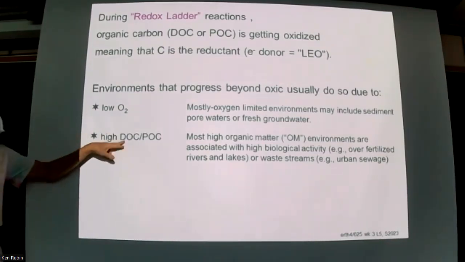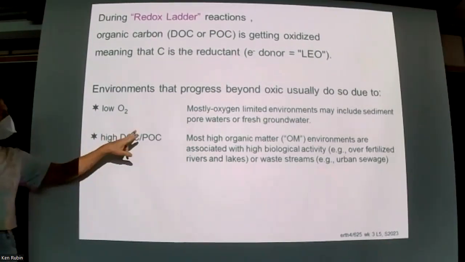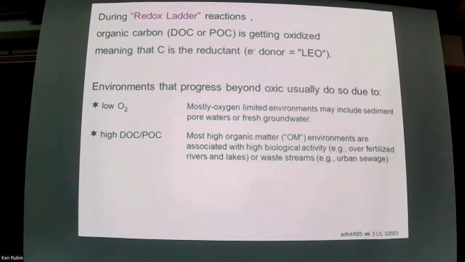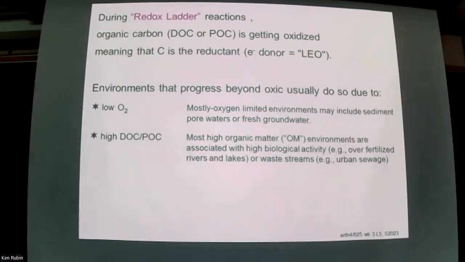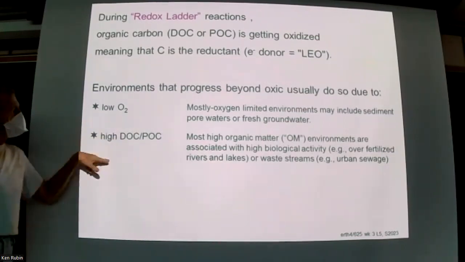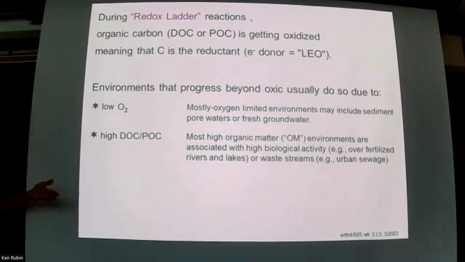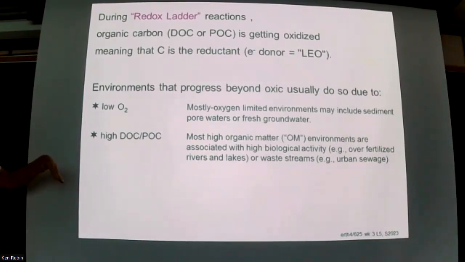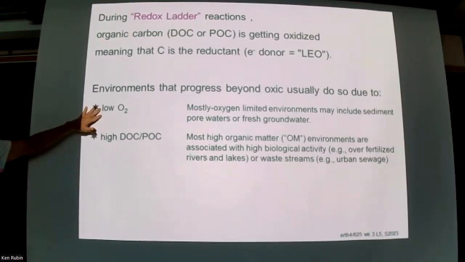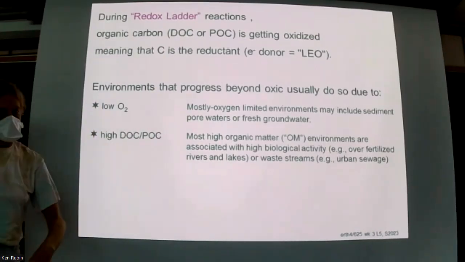Another is that you have a lot of organic matter, dissolved organic carbon, particulate organic carbon: sewage outfall, swamps, very organic-rich, eutrophic lakes. Both of them have the same net effect in that they go down to oxygen decomposition and therefore reducing settings, but one of them can get there with very little organic matter, and one of them requires a lot of organic matter to get there.